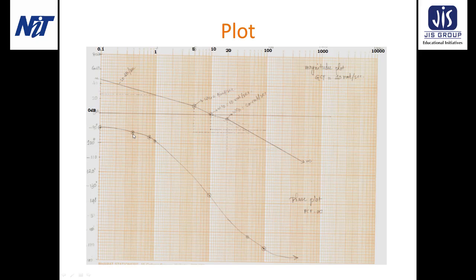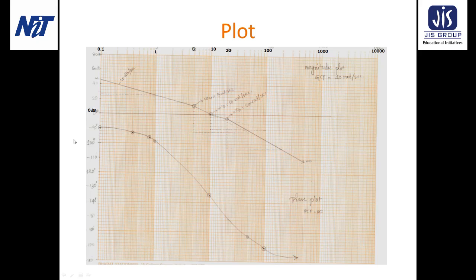I have chosen that one small box in the phase plot is equal to 2 units. So after 5 boxes, that is 10 units, and you can vary this as per your choice.